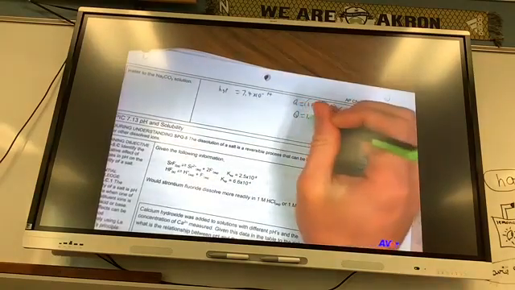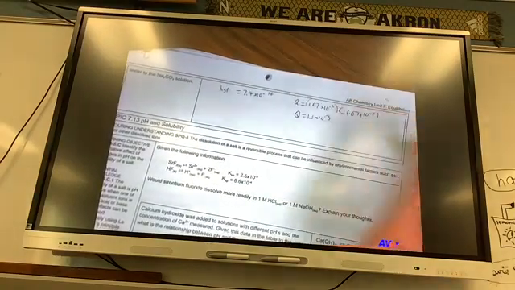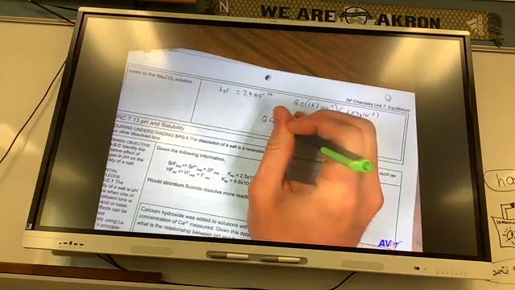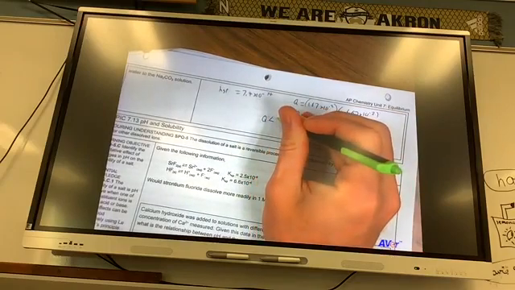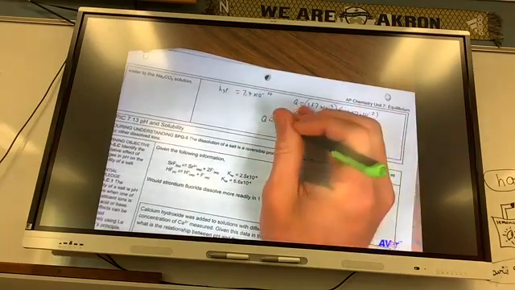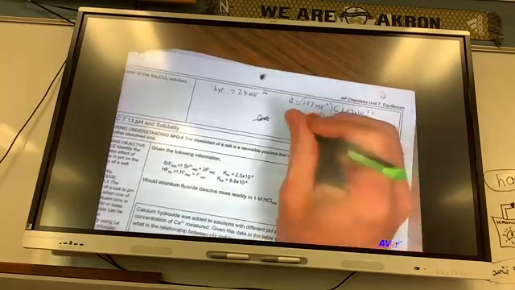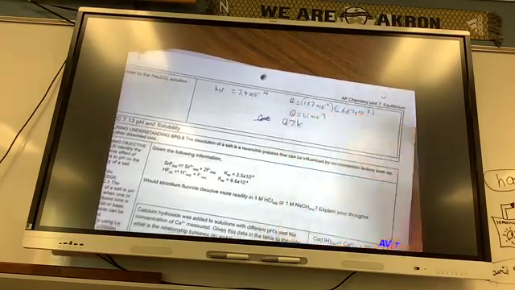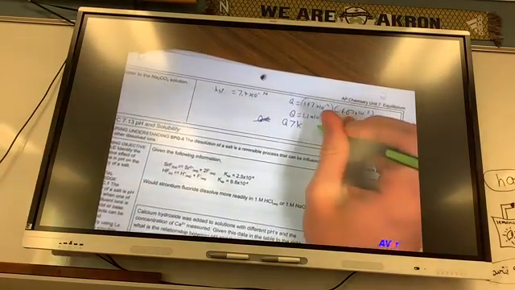So Q equals 1.1 times 10 to the negative third. This means that Q is less than K. Oh no, that's wrong. Q is greater than K. Negative 3 is bigger than that. Q is greater than K, which means it's going to shift to the left.